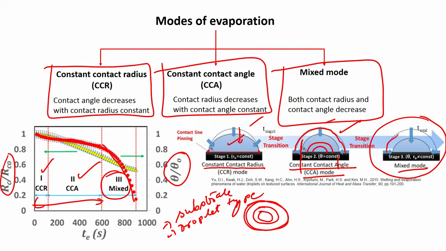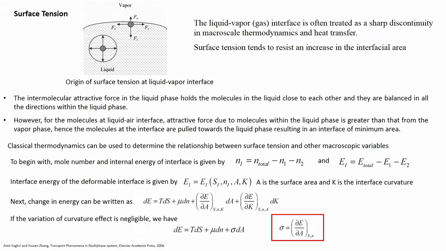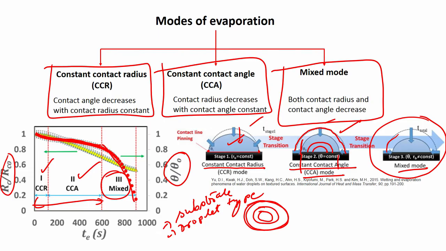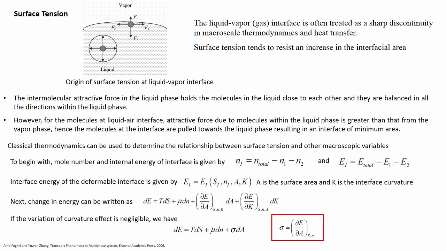So, why is this important? Because these are the different ways by which it can lose mass. Now, let us look at one fundamental definition which will come in handy when we do the analysis, and that is the concept of surface tension. Why is it important?